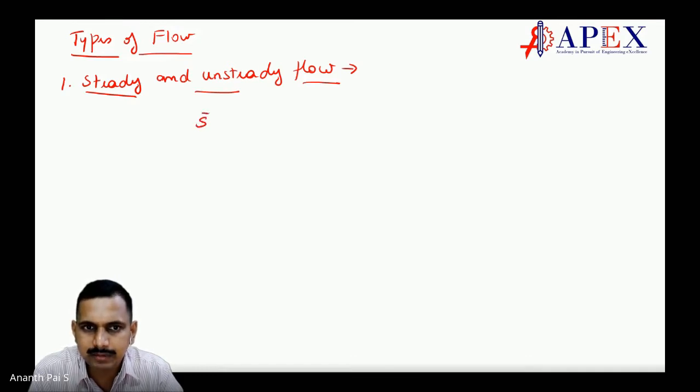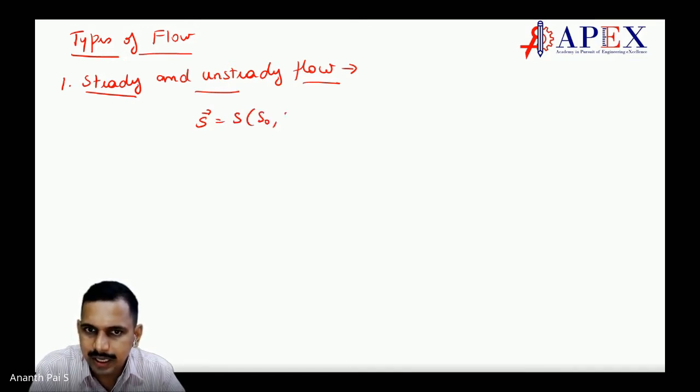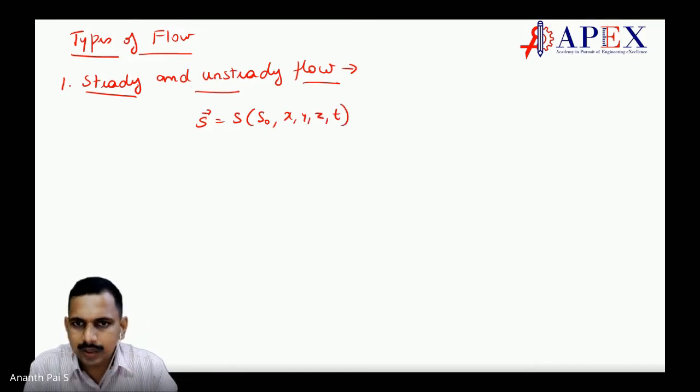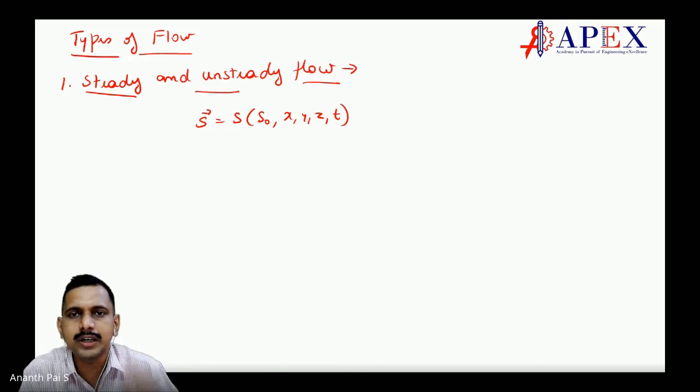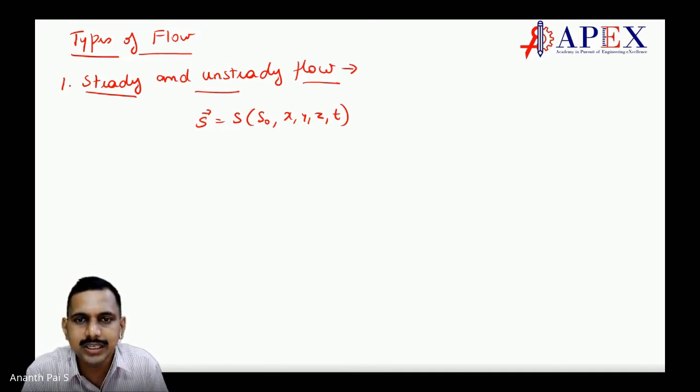S is equal to a function of S naught, and then x, y, z, comma t. Correct. Now this time is involved already, whether it is steady or unsteady. Even if it is a steady flow, the time factor is involved, is it not?